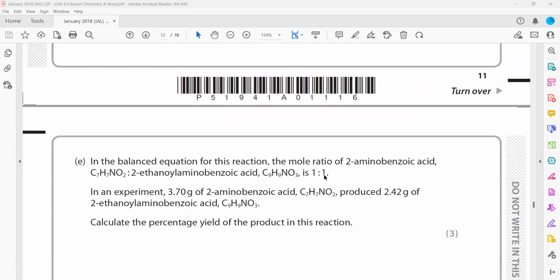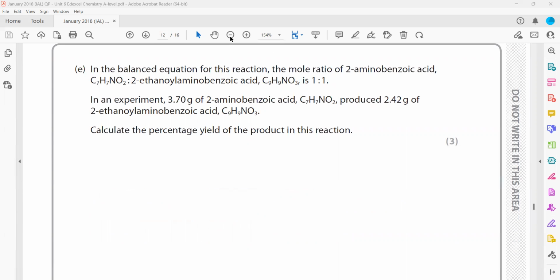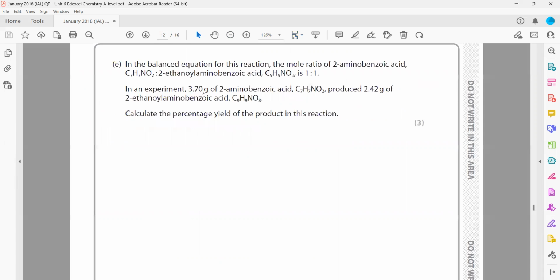Percentage yield is the practical value divided by the theoretical value, times 100. That's the practical value, but we have to find the theoretical value. So you take the ratio of C7H7NO2 and C9H9NO3, and the ratio is 1:1, so the mole ratio is the same.